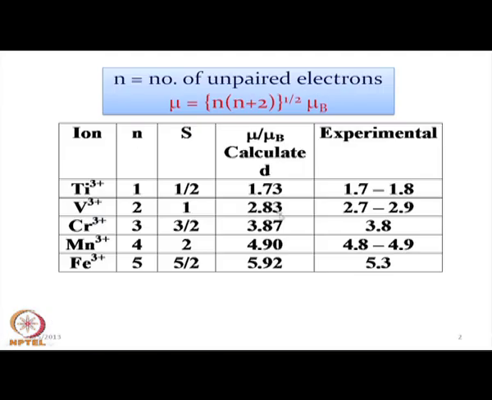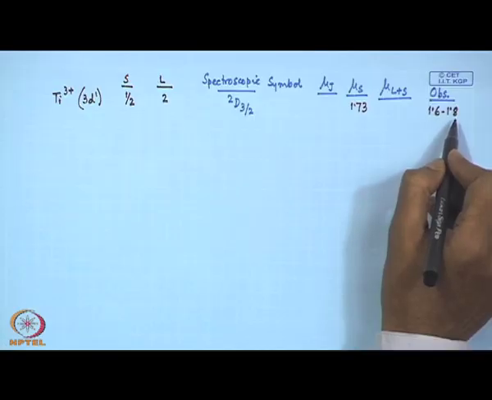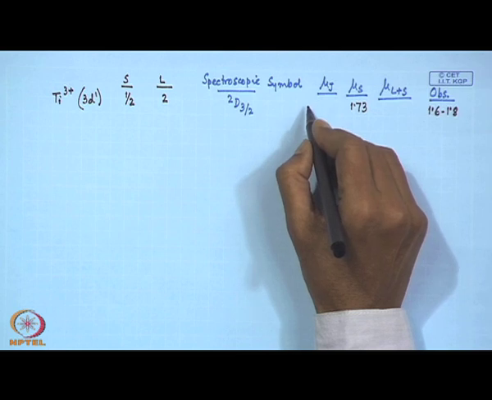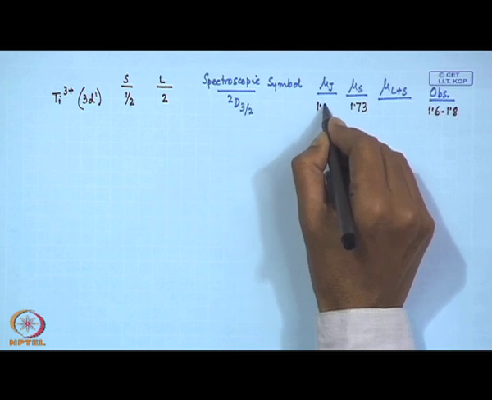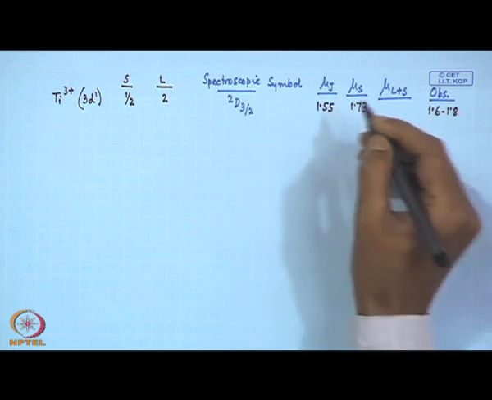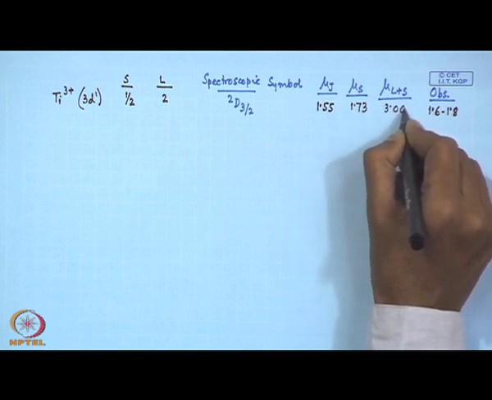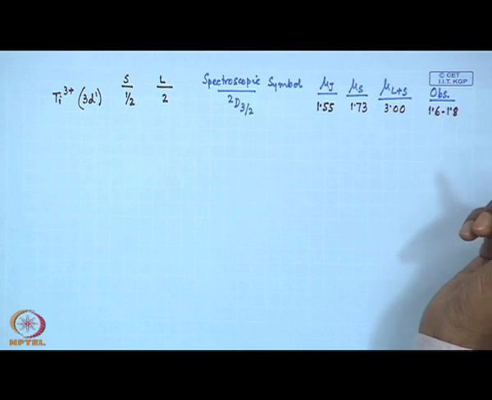Here n is the number of unpaired electrons, S is equal to half, and the mu value is 1.73. This looks nice for these values, but if we calculate mu J, it would be less, 1.55, and it would be 3.00 for mu L plus S.